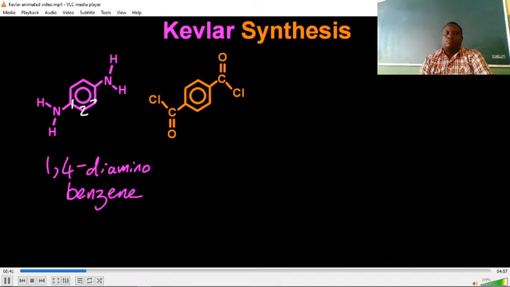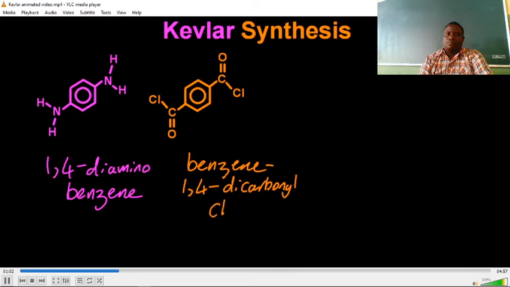1,4-diaminobenzene. On the 1st and the 4th carbon, there is an NH2 group, which gives you the diamino. And if you don't know that benzene is 6 carbons in a hexagon with single and double bonds, you're in the wrong place. The second reactant is benzene 1,4-dicarbonyl.